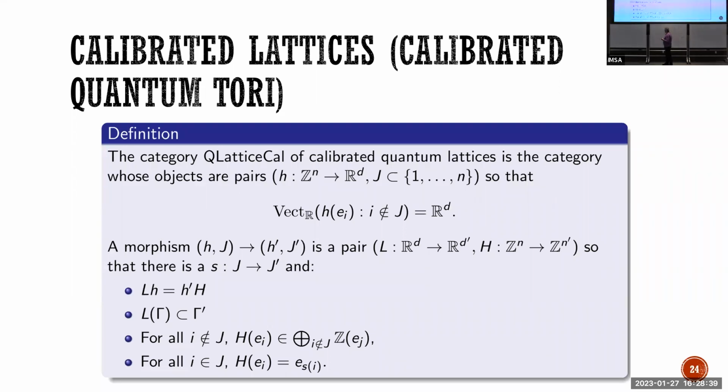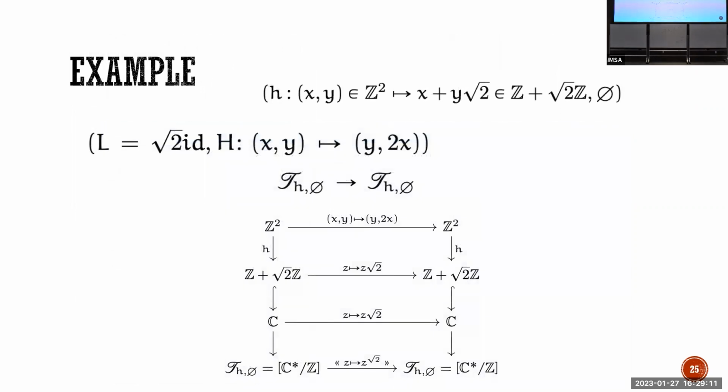Taking an enormous lattice in higher dimension, and remembering the map H that has exactly the image gamma. So you not only remember gamma, but you remember a calibration of gamma. And once you do that, and that's the meaning of H, you have a category of calibrated quantum lattices.